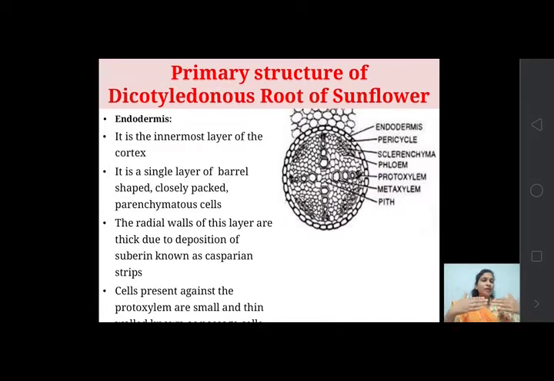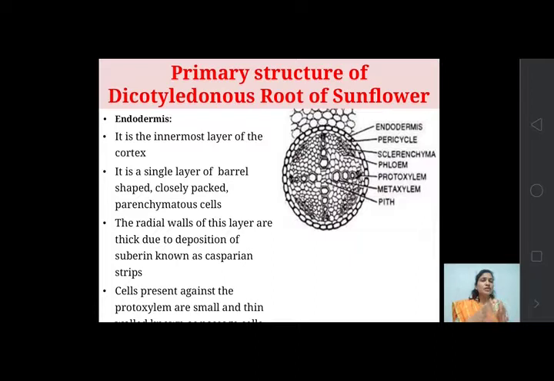Passage means they form a passage for the water to move from xylem to the cortex region. And other than the passage cells, all the area of the endodermal cells have thickened radial walls, and they do not allow any water or any material from inside to the outside.